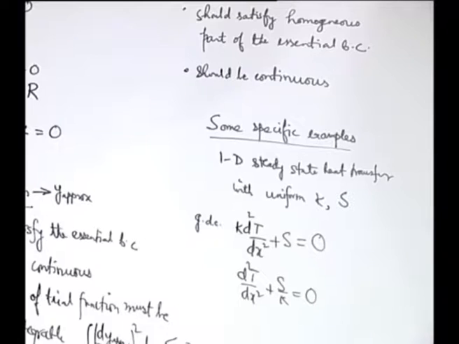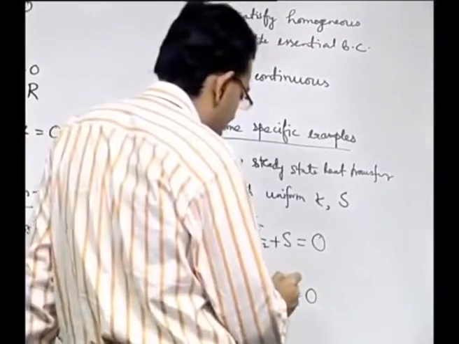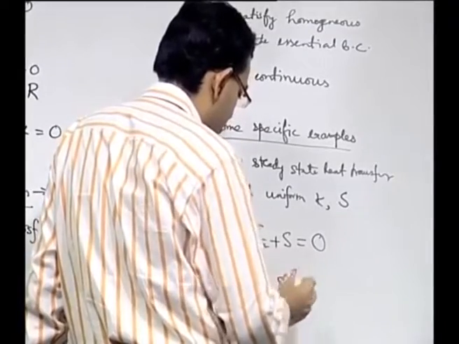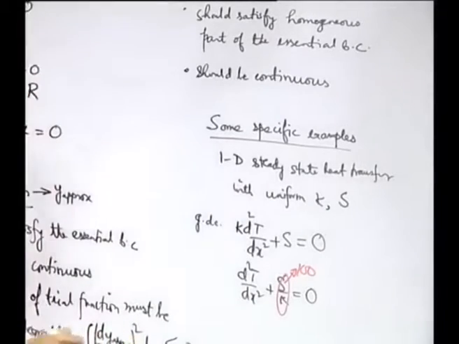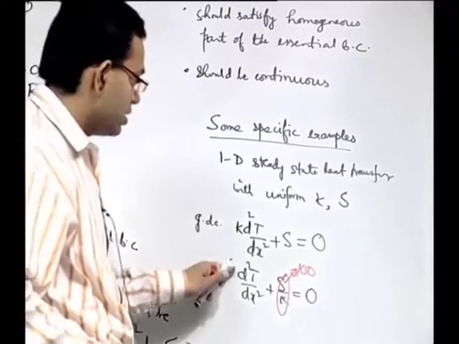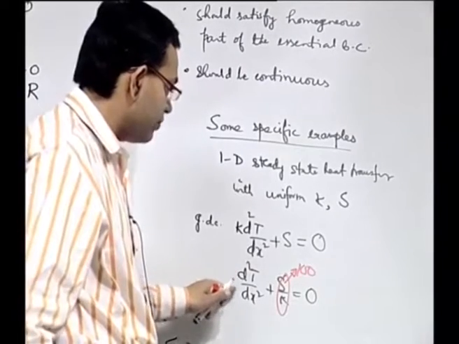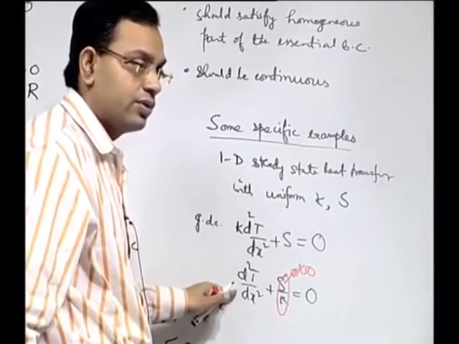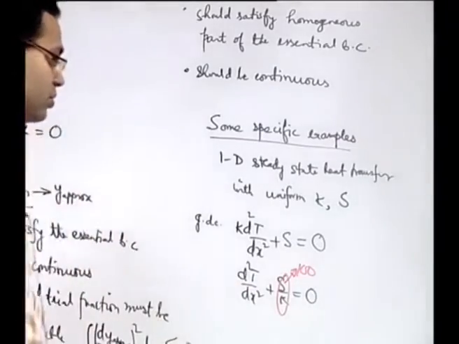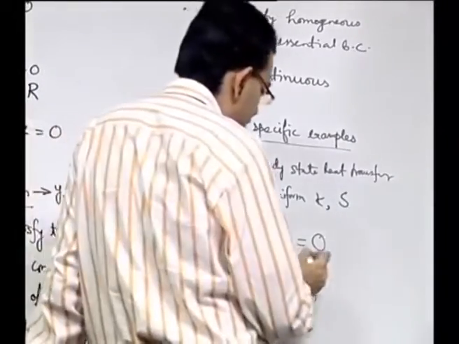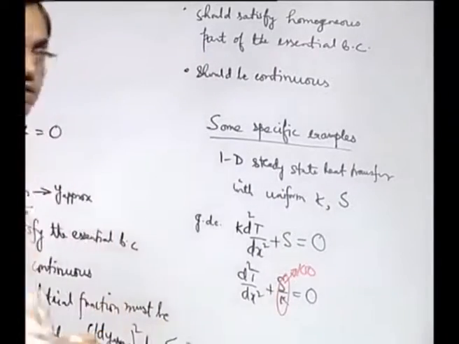To be able to solve this problem numerically, let us assume some value of S/k in consistent units. Let us say this is 100. What should be the unit of this? What is the unit of d2T/dx2? Kelvin per meter square. So, this is like 100 Kelvin per meter square, say.